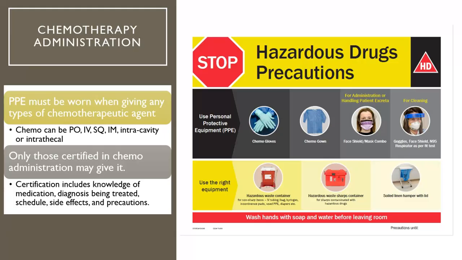That includes somebody that has passed their oncology certification. They have knowledge of the meds, the diagnosis, the side effects, the schedule, and the precautions. And it is important to note that only certified pharmacists can prepare chemo.